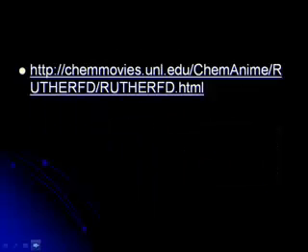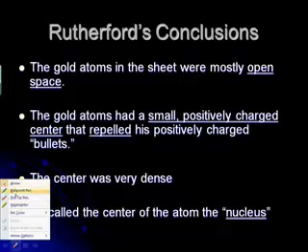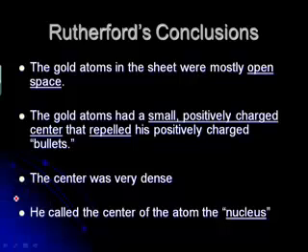Alright, so now, what does this mean? These are lined up with his observations, so these are his conclusions. One is, since most of the alpha particles passed straight through, he concluded that the gold atoms were mostly open space, empty space.